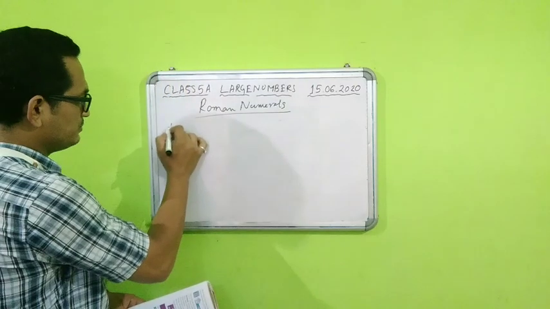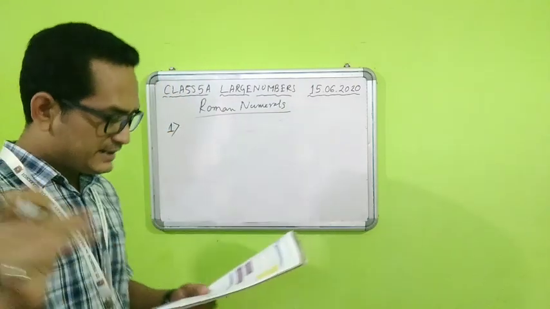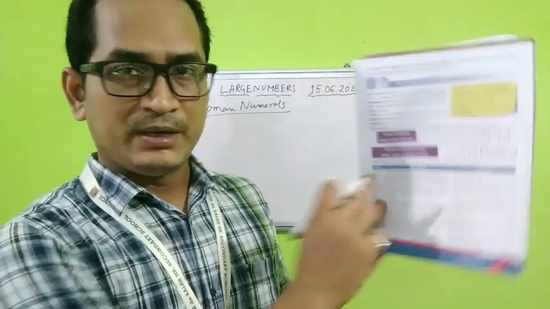First rule, number 1. Please read the lines in the box given here: a symbol can be repeated to a maximum of 3 times. Repetition of numbers means addition. Only I, X, C and M can be repeated.